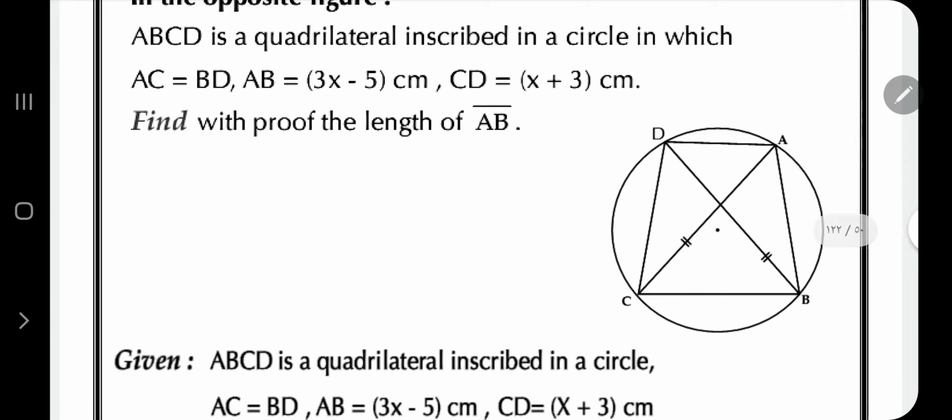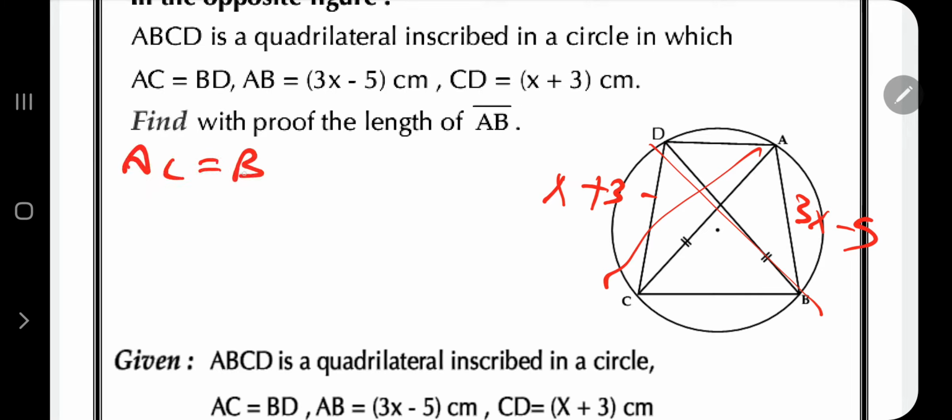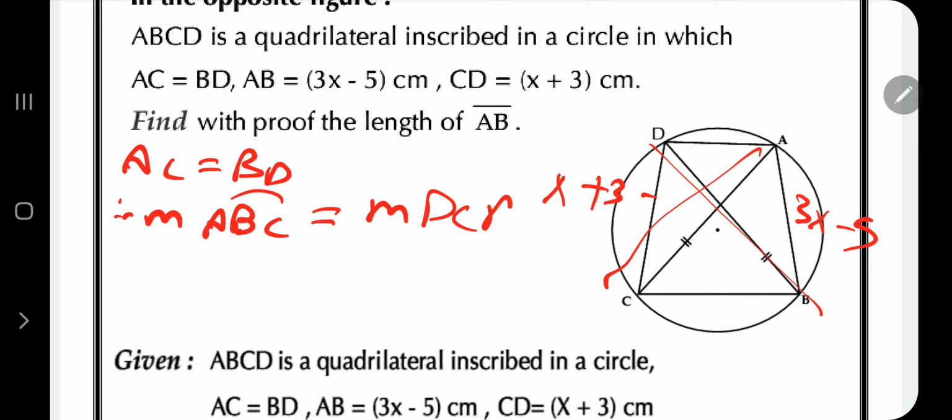Another example. He told me that AC equals BD, and AB equals 3x minus 5, CD equals x plus 3. Since AC equals BD, then measure of arc ABC equals measure of arc DCB.